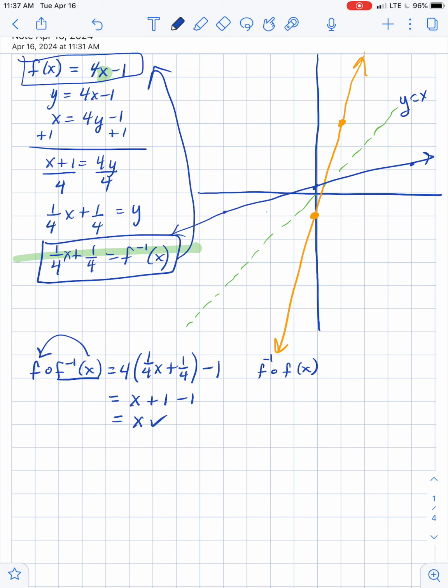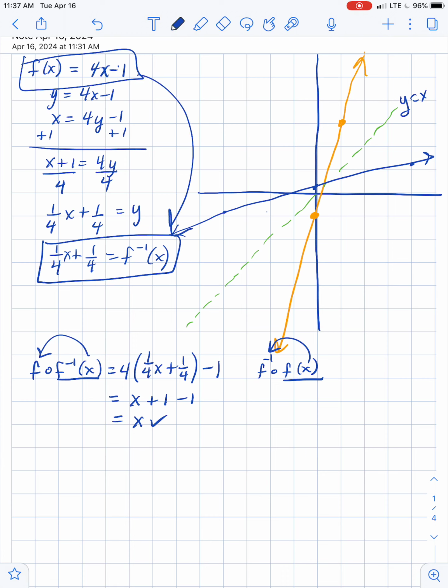Now I'm going to do it the other direction. This time I am doing the f into the f inverse. So I am now going from here to here, putting this into that.